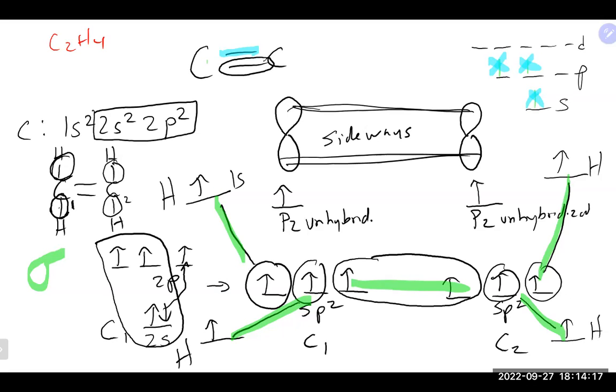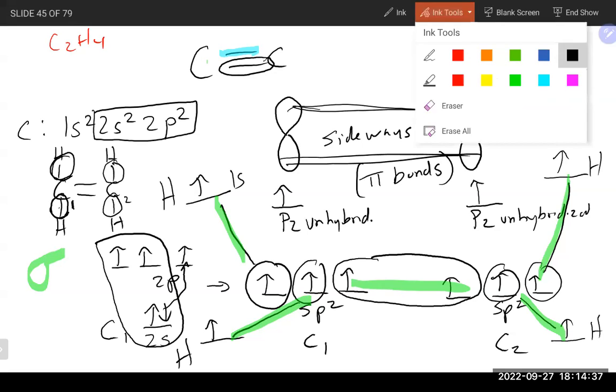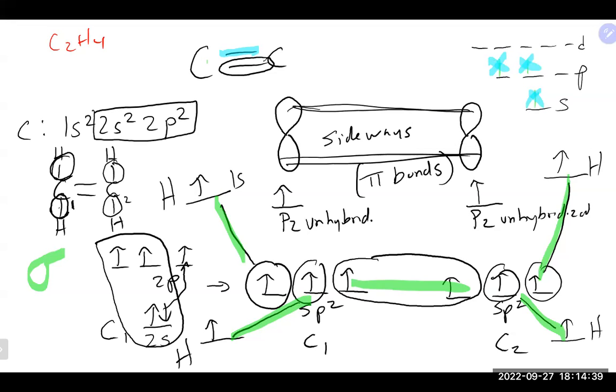This type of overlapping of unhybridized p orbitals is what we refer to as pi bonds. So when unhybridized p orbitals overlap sideways, they create a pi bond. That accounts for what happens here to make our second line for a double bond: these two will do that sideways overlap and create a pi bond.